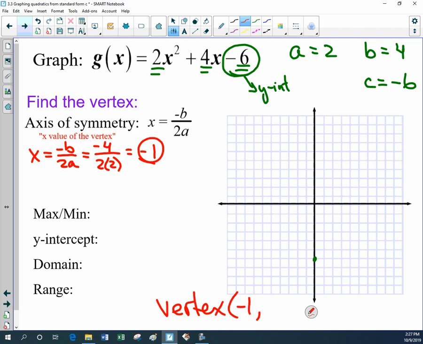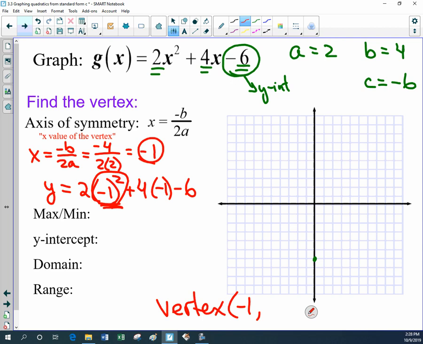And then we need to find the value of y. So y is going to equal 2 times -1 squared plus 4 times -1 minus 6. When we evaluate this, you've got to remember that we always do exponents before we multiply. So it's not 2 times -1, it would be -1 squared.